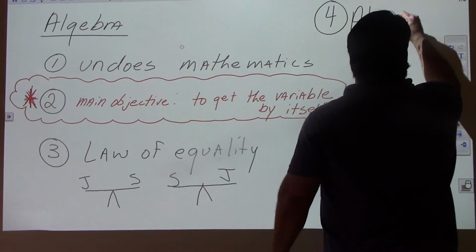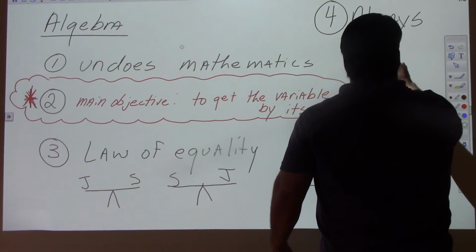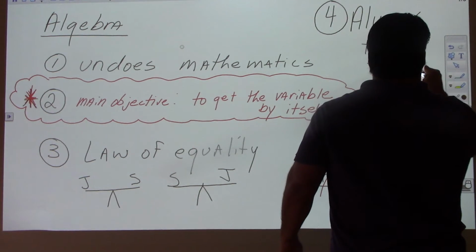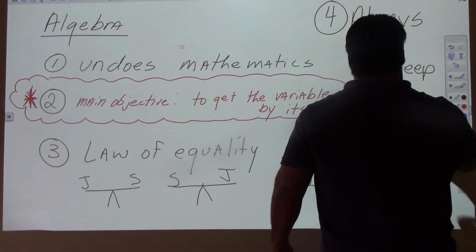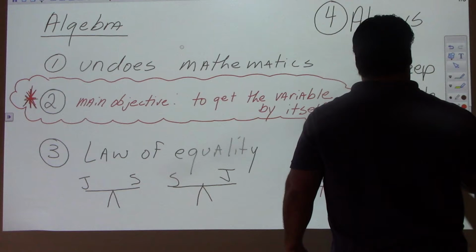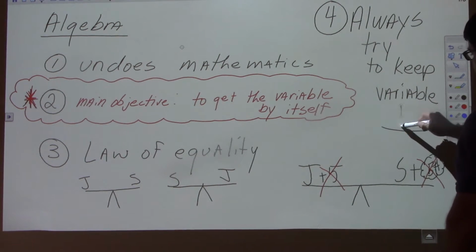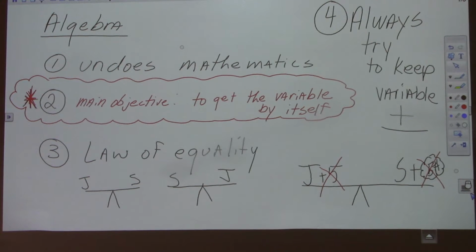Always try to keep variable... what? Anybody want to fill this out? Always try to keep variable positive. Now that's going to be very important for another section we're going to go over in this unit.